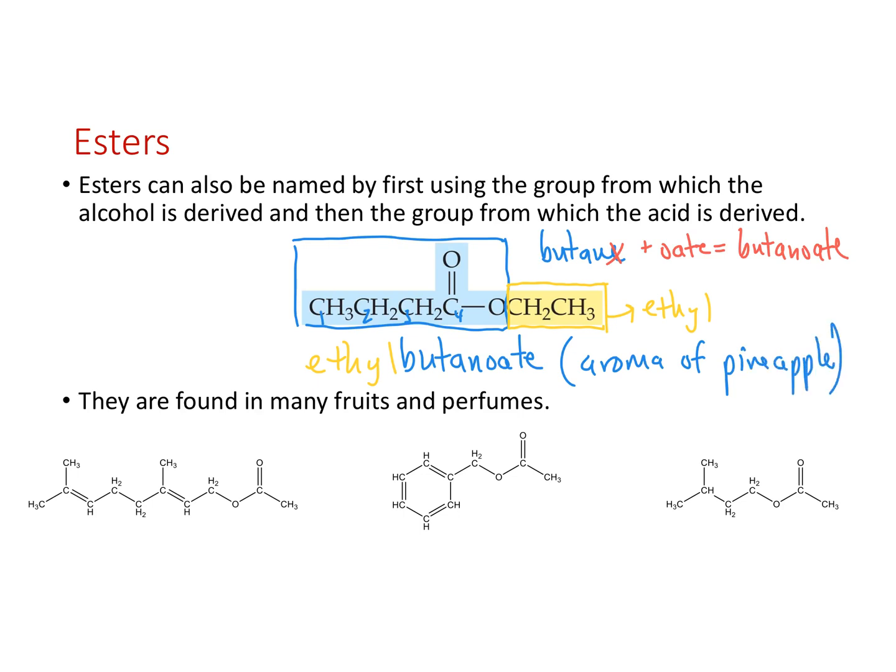And so I just threw in a few other extra examples here. I wouldn't expect you to name these more complicated examples, but the one down here, for example, all the way on the left is geranyl ethanoate or geranyl acetate. Right, we know it as the smell of roses. The next one would be benzyl ethanoate.